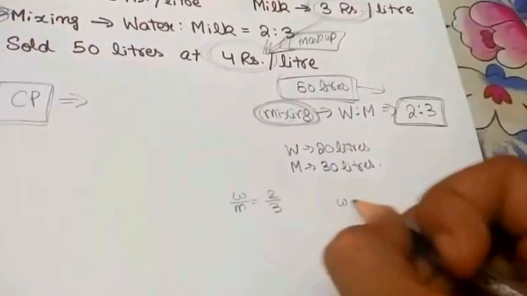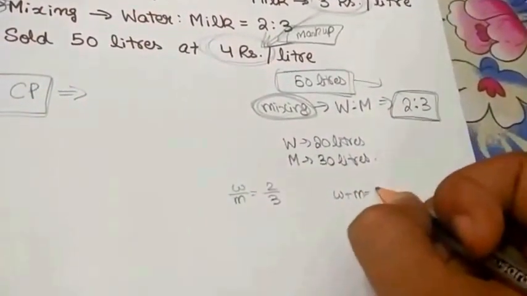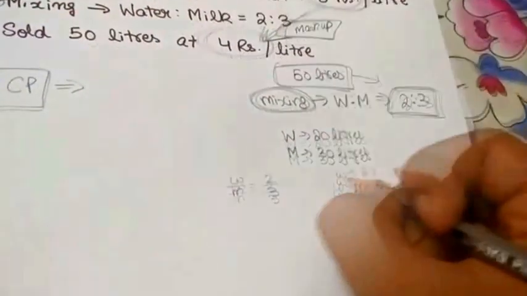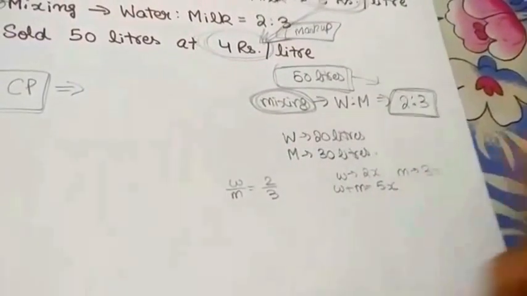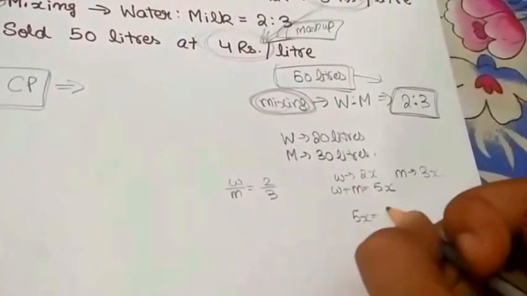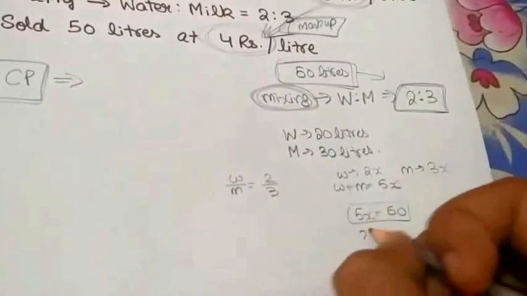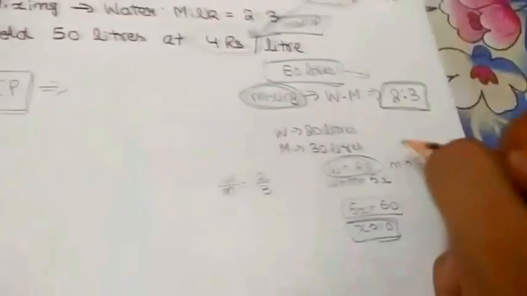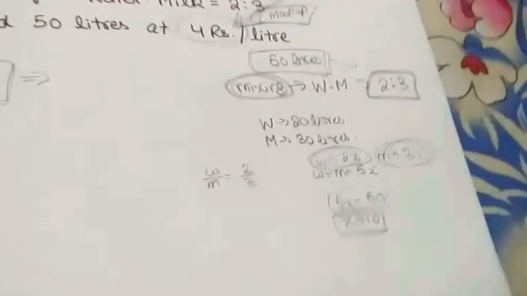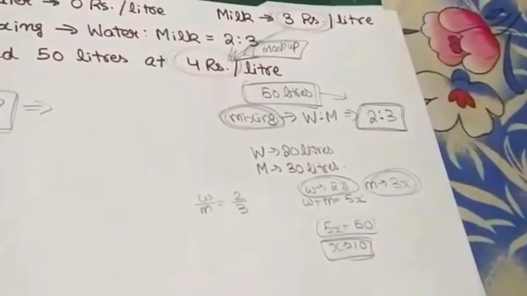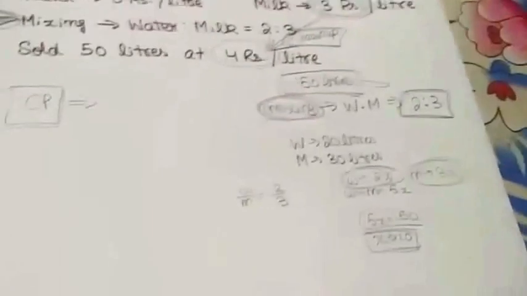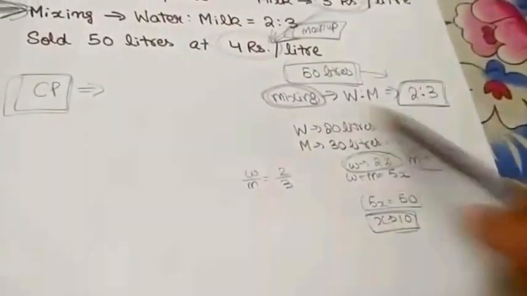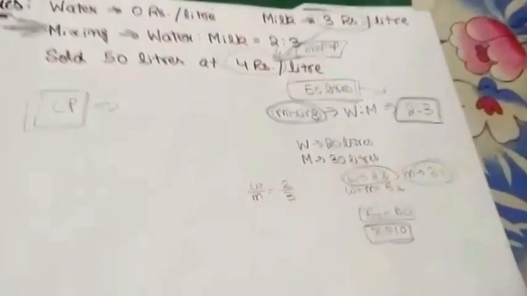So water is 2x, milk is 3x, and 5x is equal to 50. So x is 10, and so we have water as 20 and milk as 30. Although it was visible because I took such values, in any case you can do this mathematics.